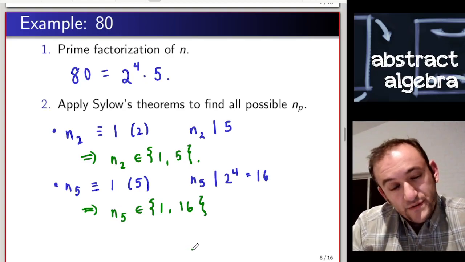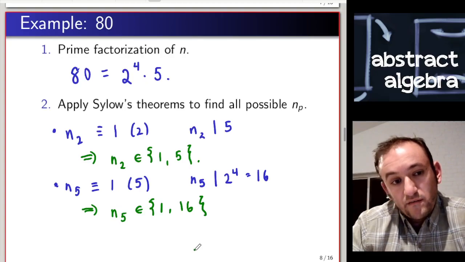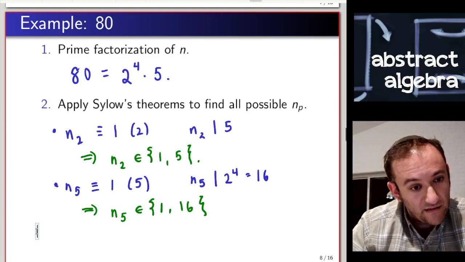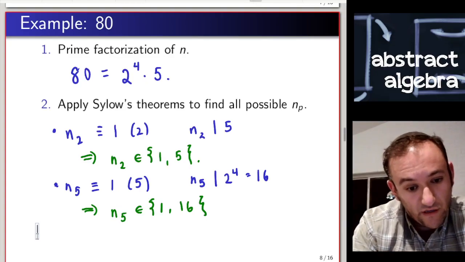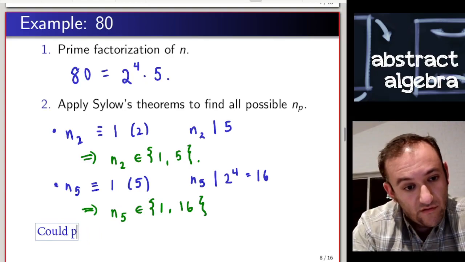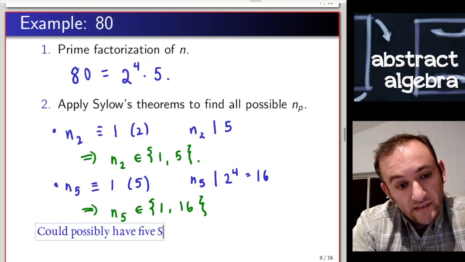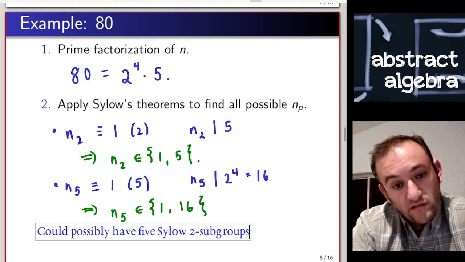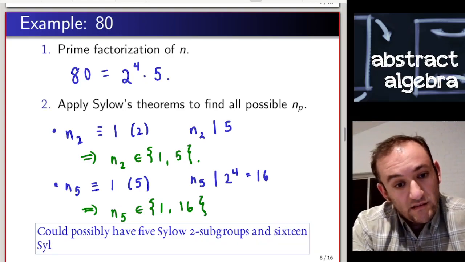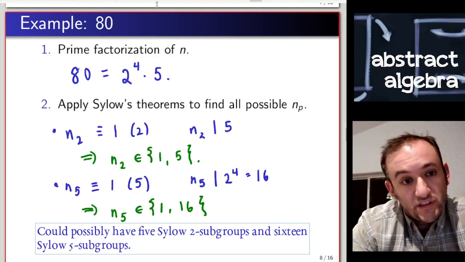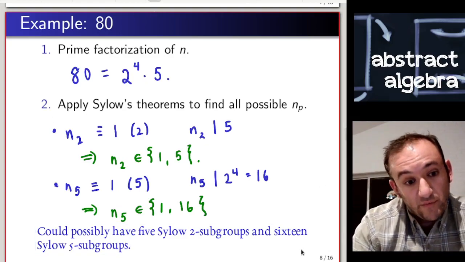So this doesn't tell us right away that G can't be simple. It could be the case we could have possibly 5 Sylow 2 subgroups and 16 Sylow 5 subgroups. So we can't yet come to the conclusion that we have a normal Sylow P subgroup.